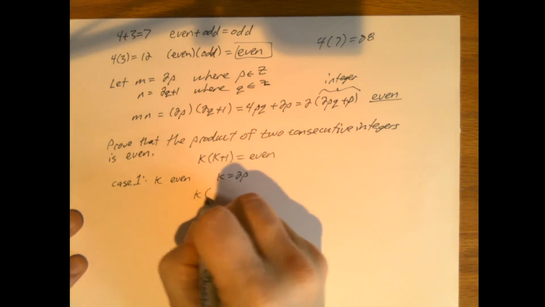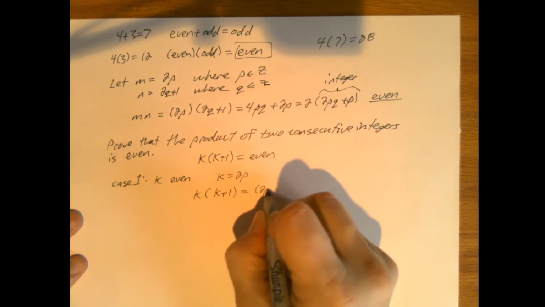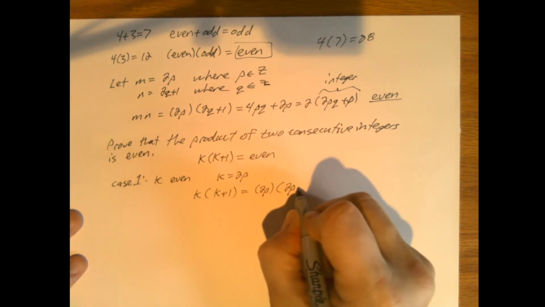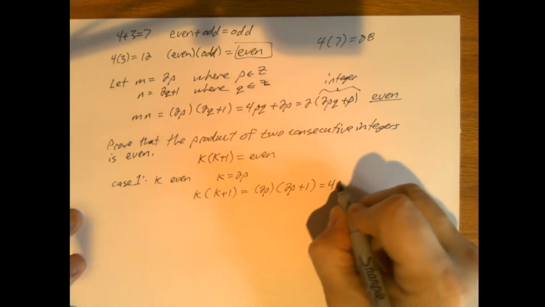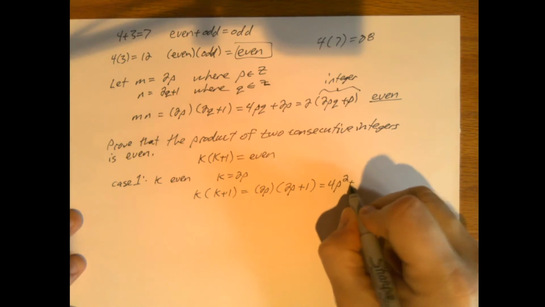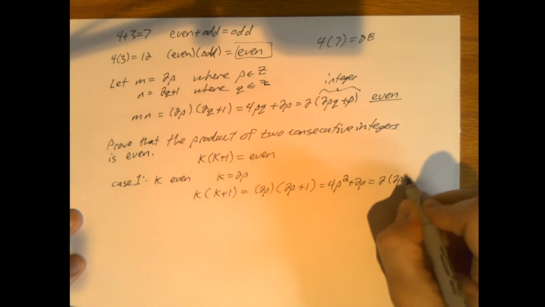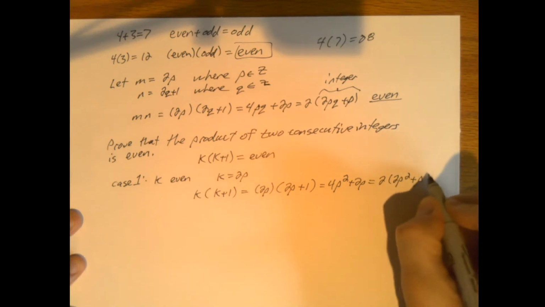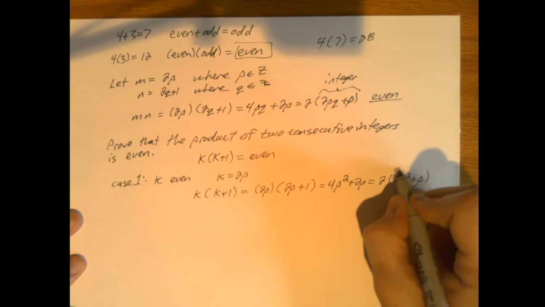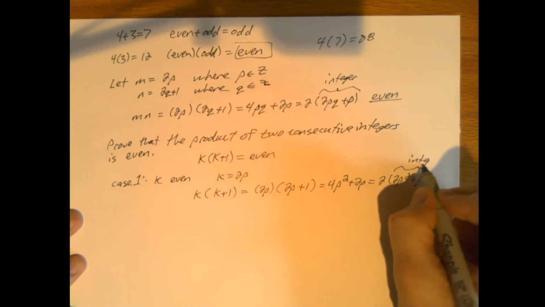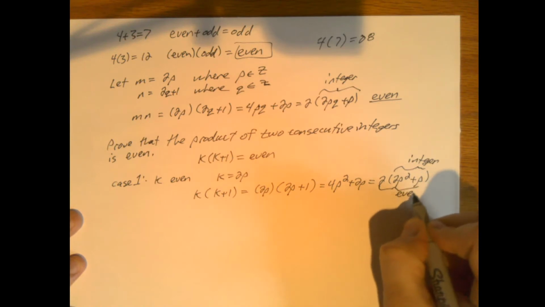And so k times k plus 1 is equal to 2p times 2p plus 1, which is 4p squared plus 2p, which is 2 times 2p squared plus p. 4p squared, 2p. Once again, this is an integer. And therefore, this whole thing is even.